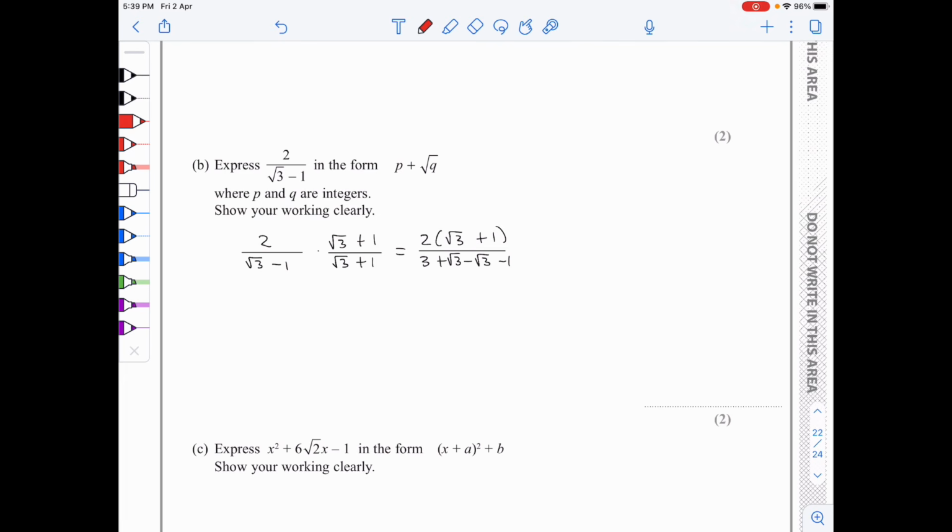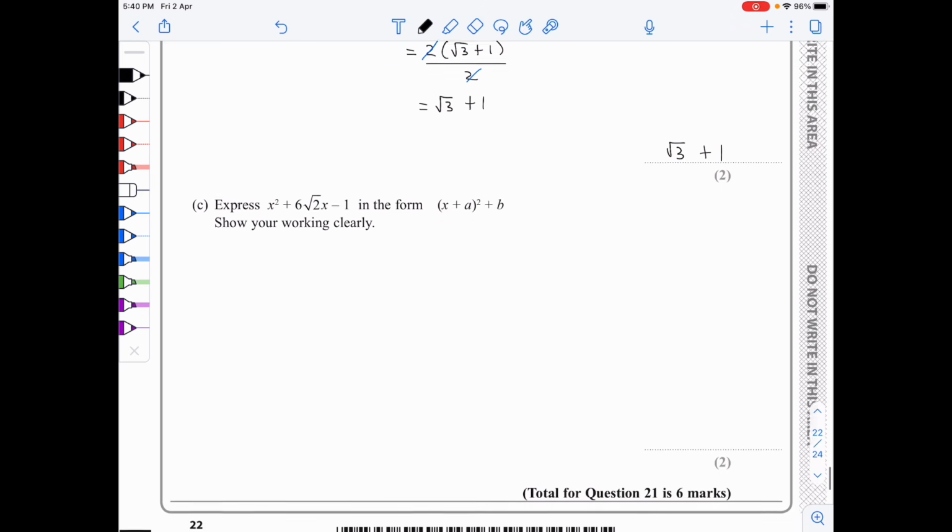In the expansion of the denominator, the root 3 with the negative root 3 go away, and I'm left with 2 brackets root 3 plus 1 over 2, which simplifies into root 3 plus 1, which matches the form of the answer I was asked to give. So that's root 3 plus 1.